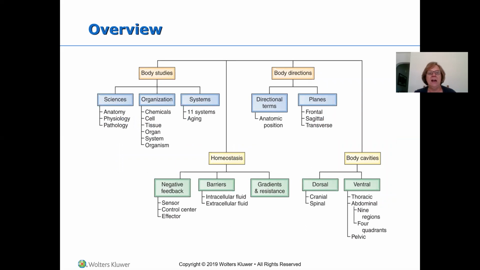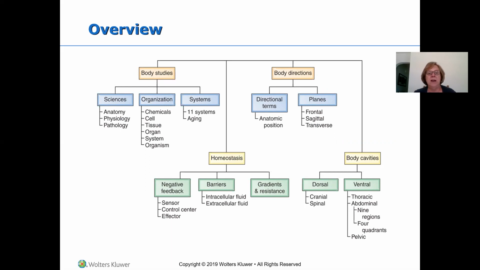So if we look at some of the body studies, of course we have in the sciences anatomy, physiology, and pathology. And all of our organisms are broken down into smaller and smaller parts.